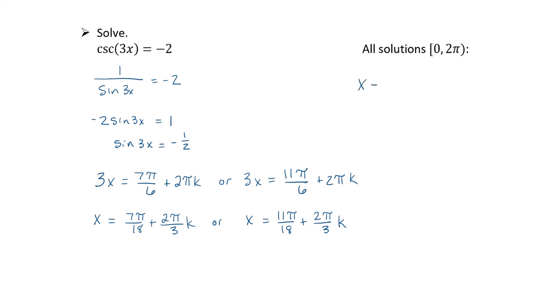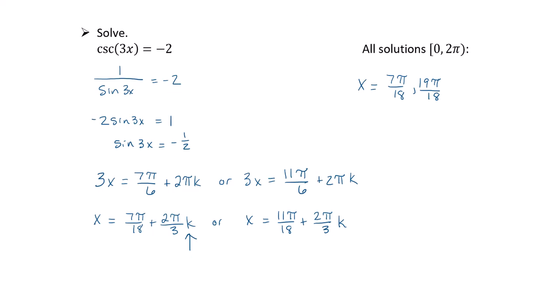So x is going to be equal to 7 pi over 18. That happens when k is 0. Now, if k is 1, then I'll be adding 2 pi over 3, or 12 pi over 18, to the 7 pi over 18, and that will make 19 pi over 18.